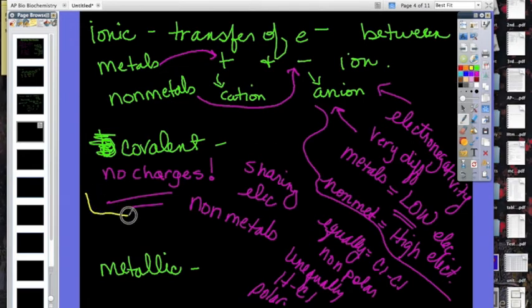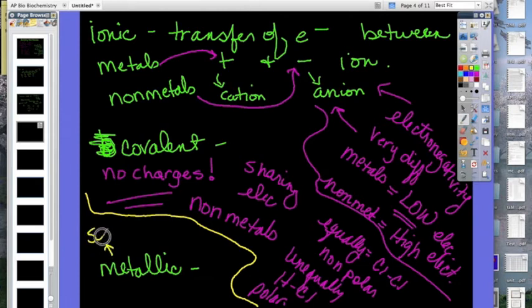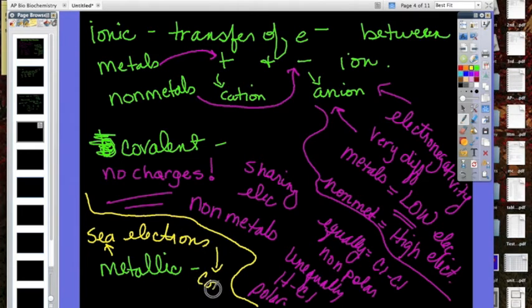Okay, and then the third type of bond would be metallic, between different types of metals. And when you have a metallic bond, remember you just have a sea of electrons. And the sea of electrons is what causes metals to conduct electricity. I know you have some test questions specifically about metallic bonding.